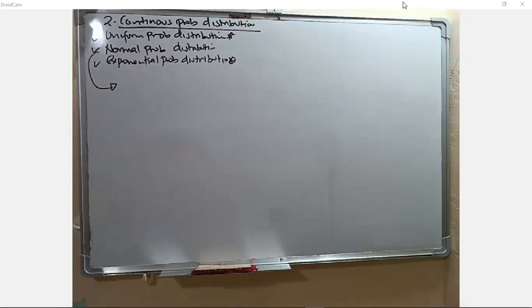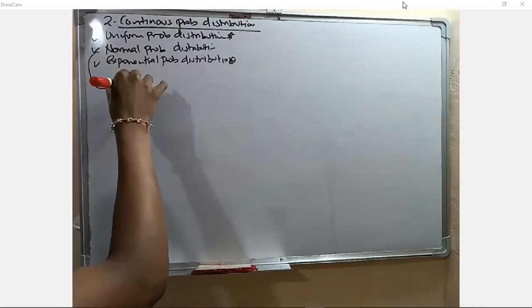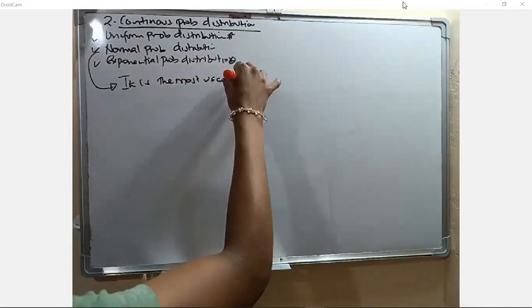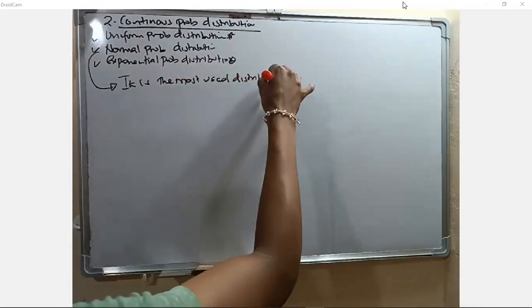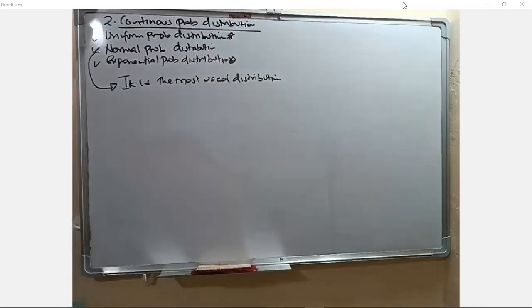That is why we are saying it is the most used distribution. It is used to describe many business phenomena, such as length, height, weight, or volume. It is a limiting case of binomial distribution where the number of data values is very large.